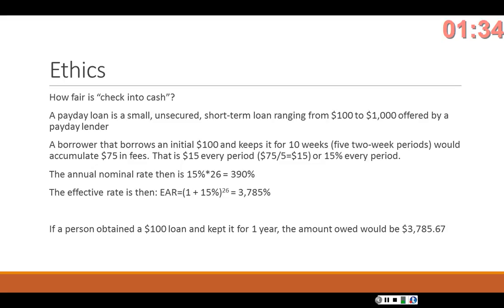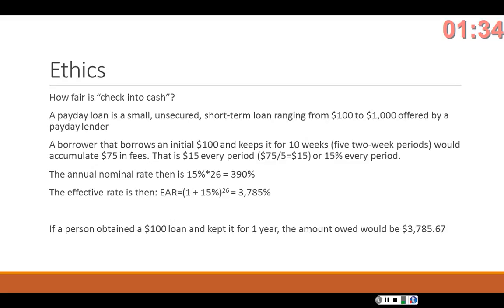So the nominal rate, 15% times 26 2-week periods, is 390%. The effective rate, here we have 1 plus our nominal rate, so our 390% divided by 26, raised to the 26th power, is 3,785%.